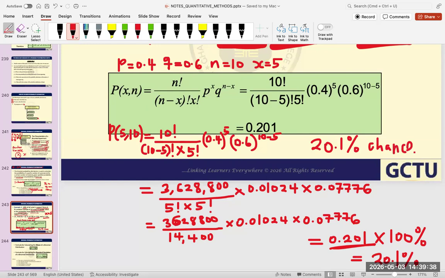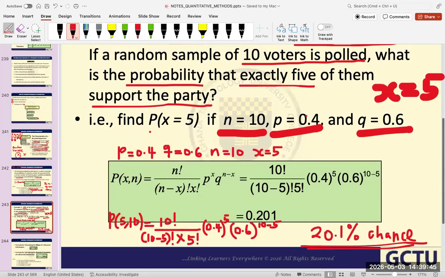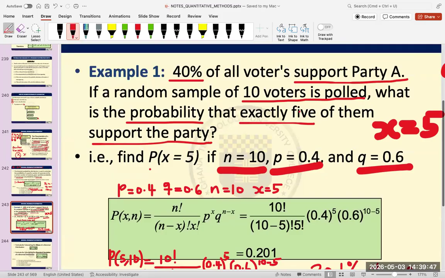That is a small chance. So what it means is that if 10 voters are voting and you pick 5 of them, the probability, the chances that they will vote for party A, our answer says that the chances is 20.1%.